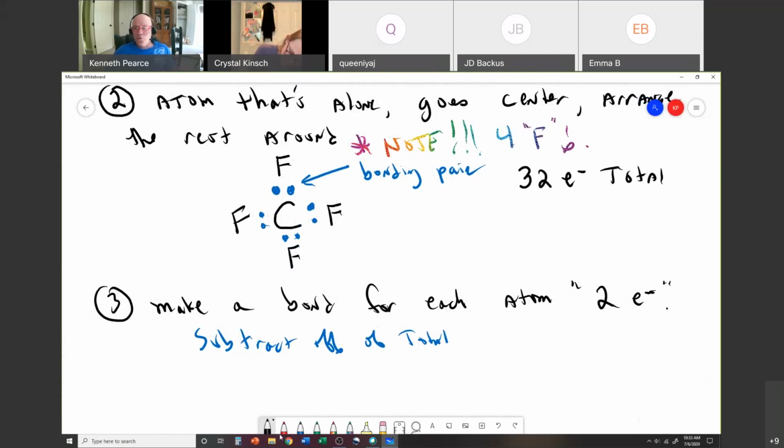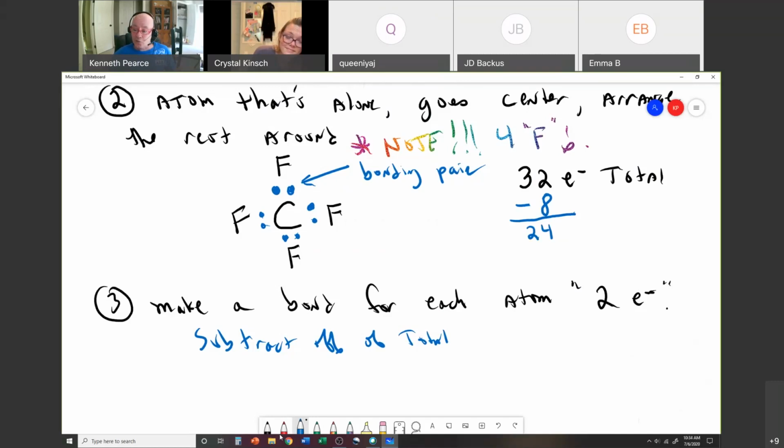Now, how many electrons did we just put down? I just put down 2, 4, 6, 8 electrons. So I put down 8. So we're going to subtract off 8. And 8 from 32 is 24. Okay. We're doing a running total.